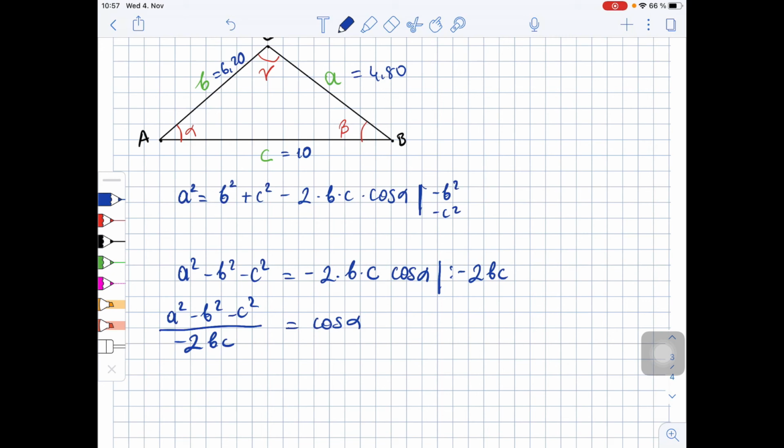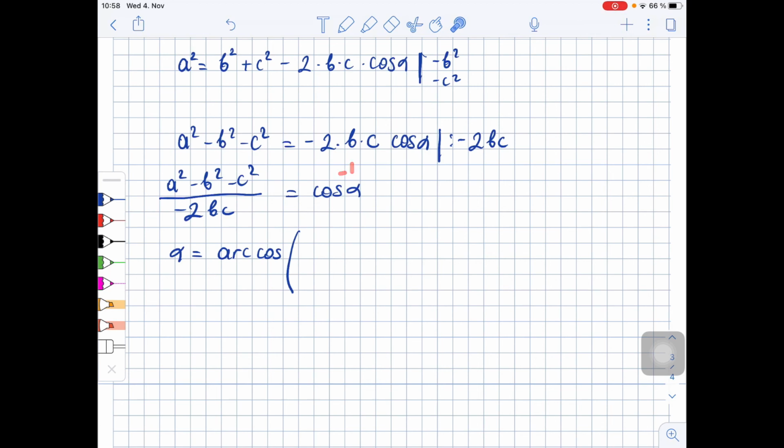However, I don't care about the cosine. I mean, I care about the cosine alpha, but I care about the alpha, right? What I'm going to use is, again, the cosine minus 1 or arccosine. Cosine minus 1 function. So this alpha goes here and then the whole thing goes here.